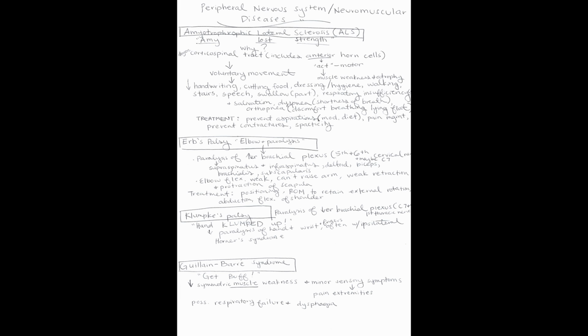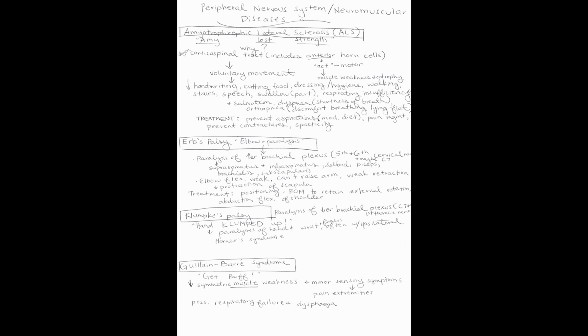Next is Erb's palsy. I study this as elbow and paralysis. So again, EP, I turn that into elbow and paralysis. Why? Because Erb's palsy leads to paralysis of the upper brachial plexus, the 5th, 6th, and possibly 7th cervical nerves.